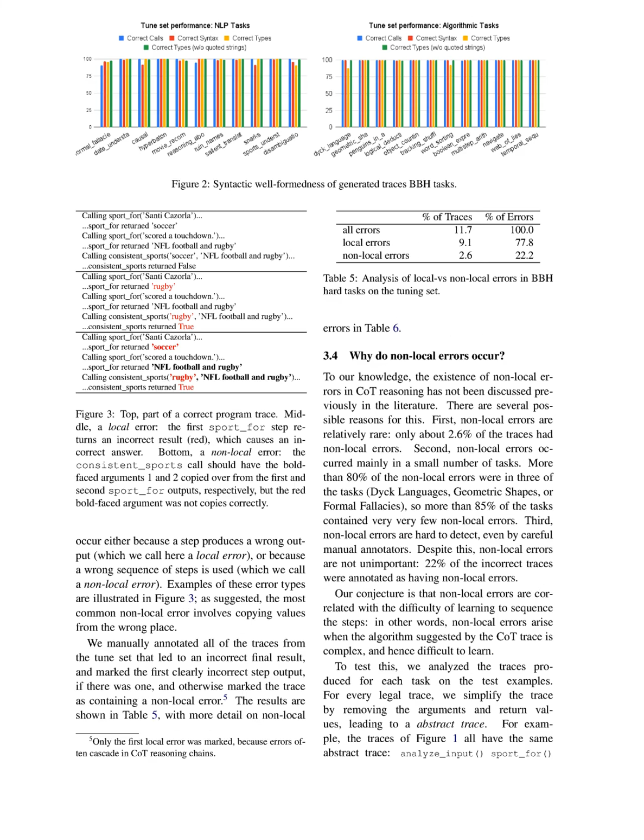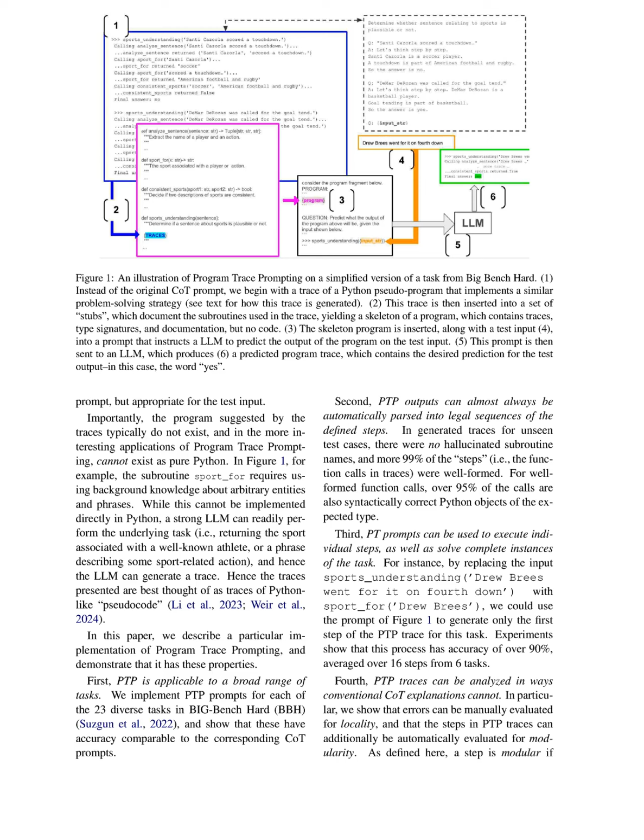Experimental results indicate that most steps in PTP are modular, facilitating a clearer understanding of where errors occur, which is not possible with conventional COT explanations. Additionally, PTP outputs can be automatically parsed into well-formed sequences, ensuring that over 99% of steps are syntactically correct, thus enhancing the reliability of the reasoning process compared to the often ambiguous outputs of standard COT prompts.